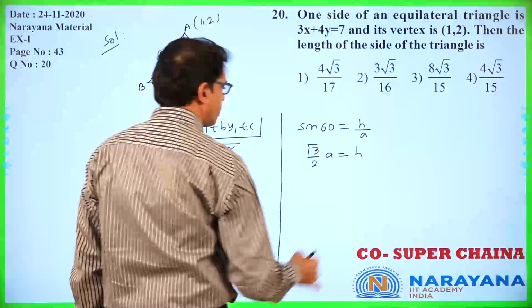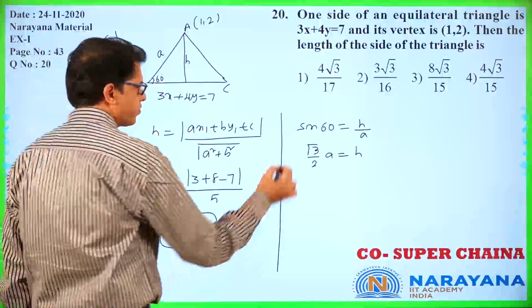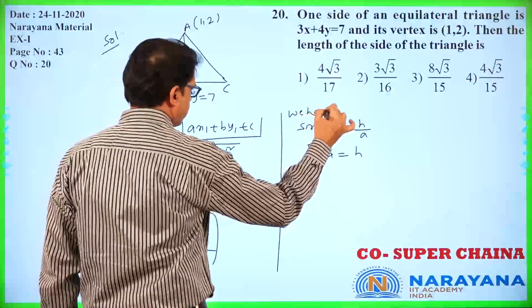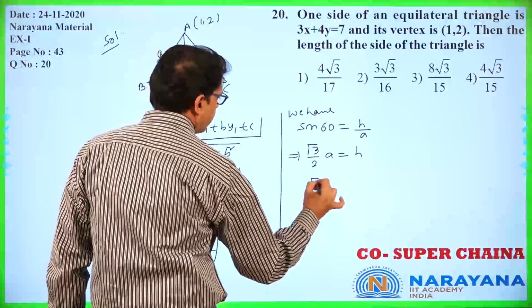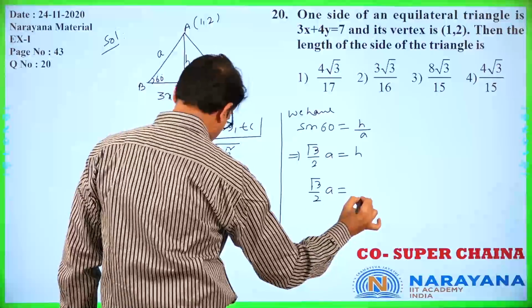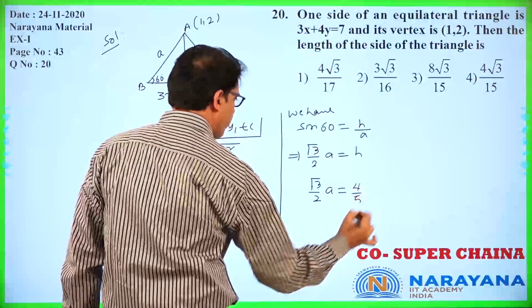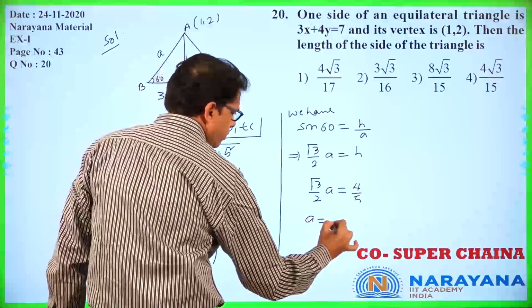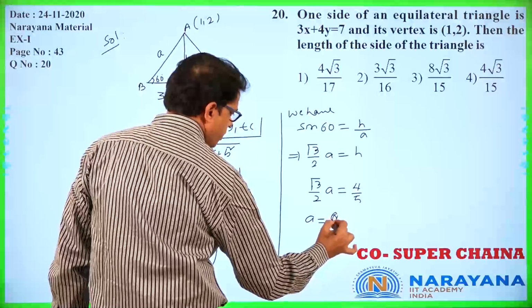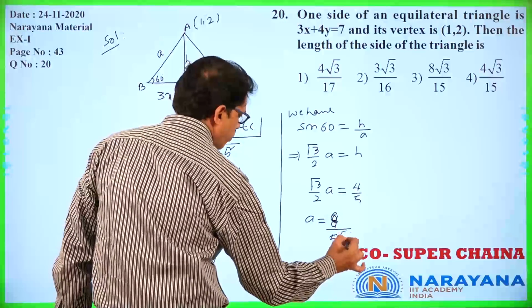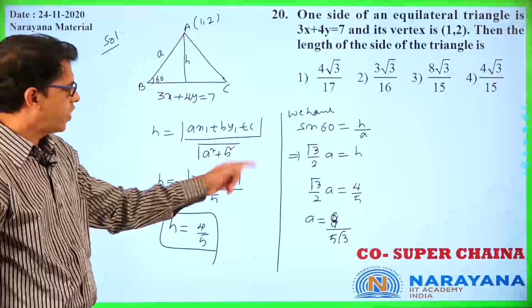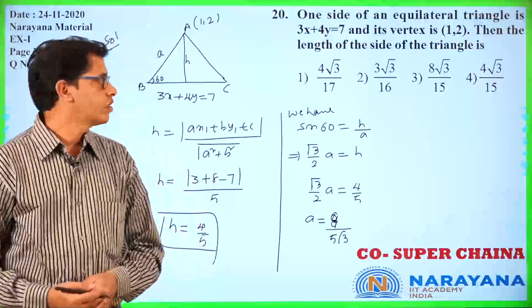So root 3 by 2 times a equals h. Write the value of h: root 3 by 2 a equals the h value. So a value, 2 into 1 is 2, 2 by 5 root 3.